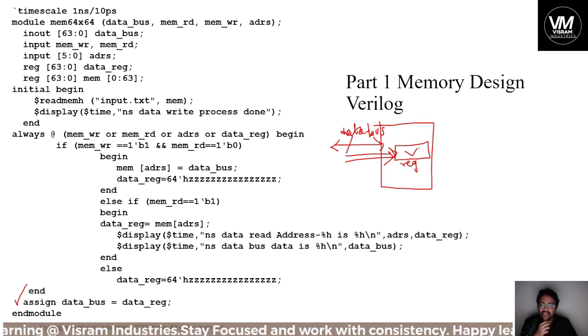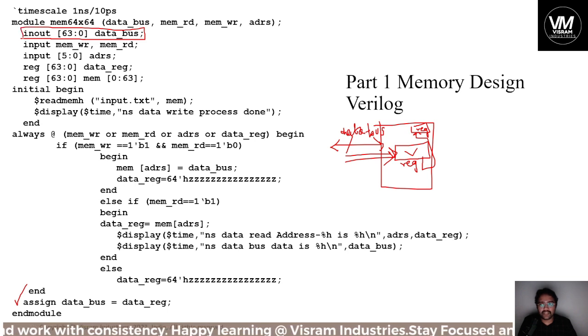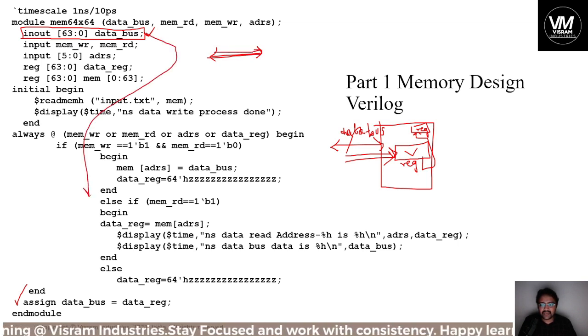But for getting out, it should go to the temporary register. Why? Listen carefully: this in-out kind of variable, or the input in-out wires, both bidirectional wires, cannot be considered inside the always procedural blocks.